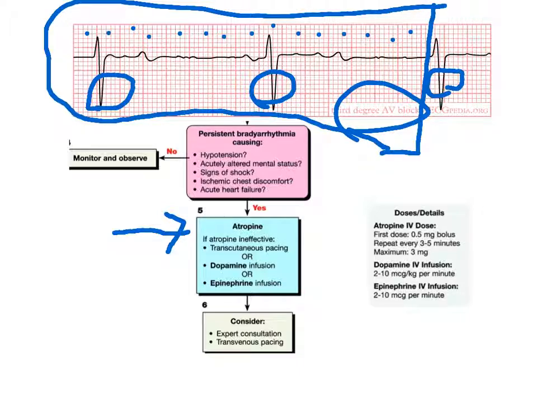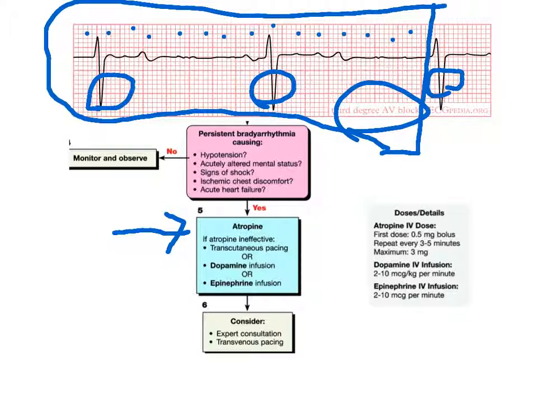It's not a parasympathetic problem. This is a conduction problem, and the fix for this patient is going to be probably long-term an implanted pacemaker. In the hospital, they may be able to do a temporary pacemaker, and we may have to use our external or our transcutaneous pacer in the field.